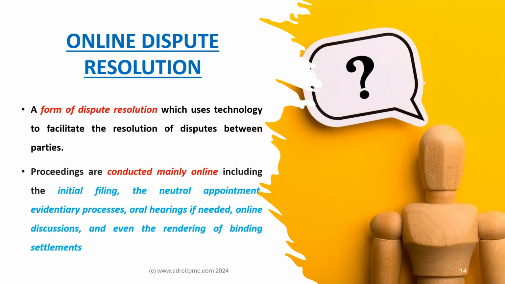So the arbitrator, with the technical assistance, conducts the proceedings majorly online and passes the award. The proceedings are completely similar to the normal dispute resolution, whereas the hearings will be conducted online, and the documents, whichever have to be submitted, will be submitted online, and there is no need for any hard copy submissions.